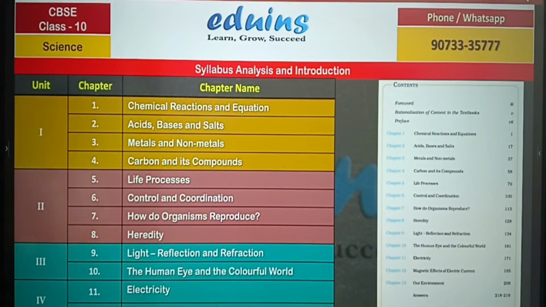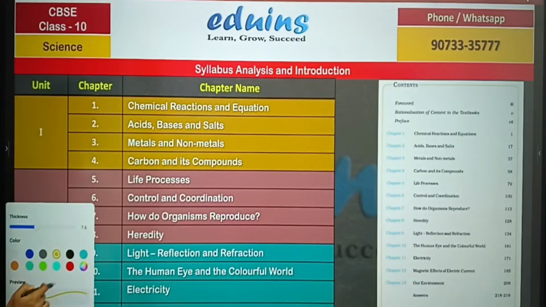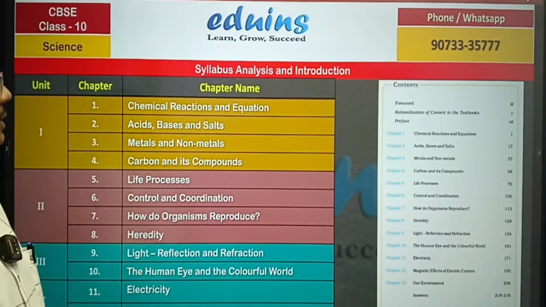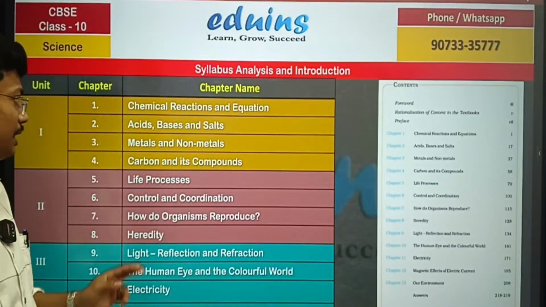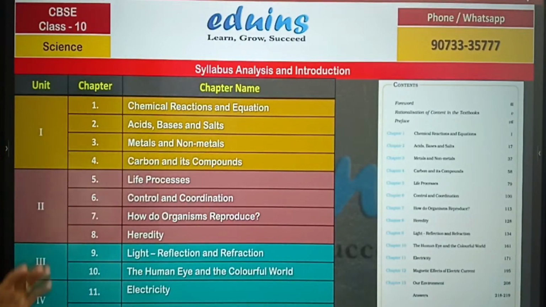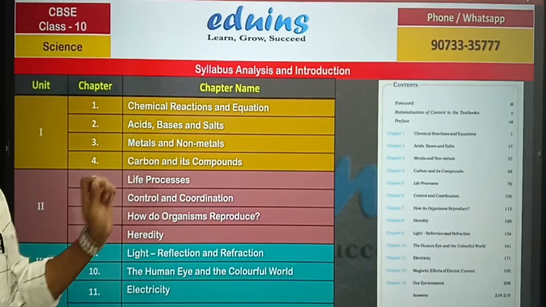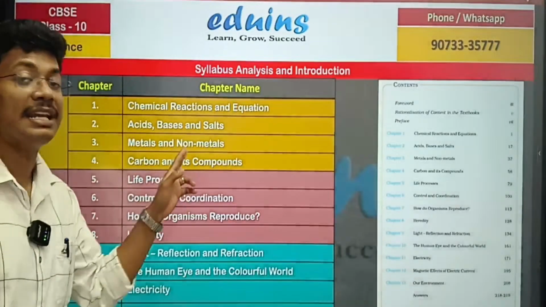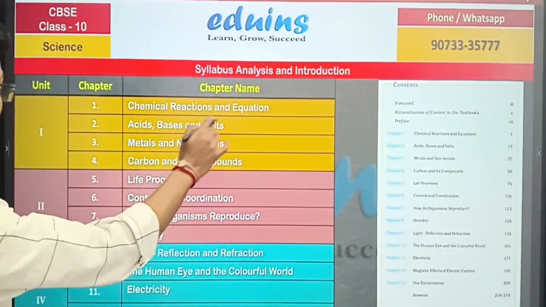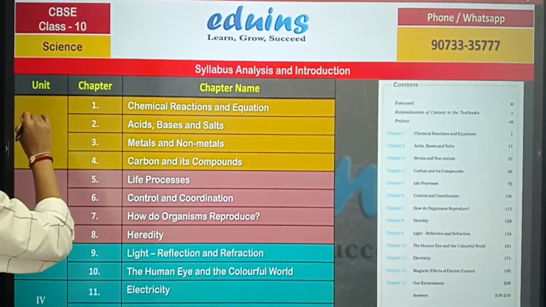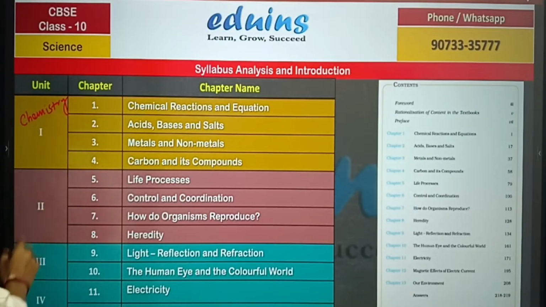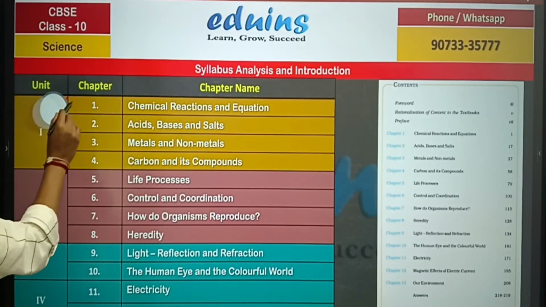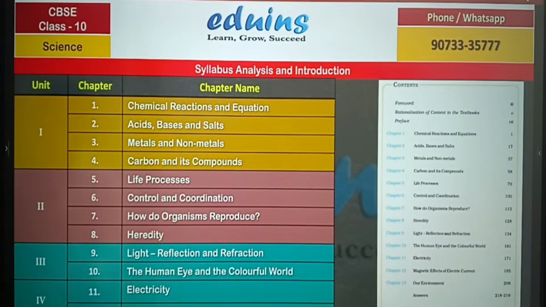Unit 1 contains 4 chapters: chemical reactions and equations, acids, bases and salts, metals and non-metals, and carbon and its compounds. This is basically the part of chemistry.